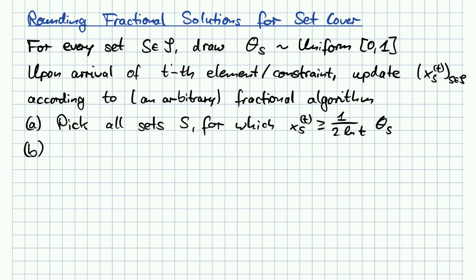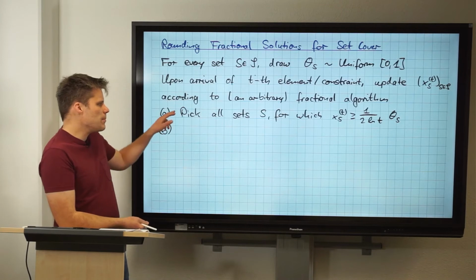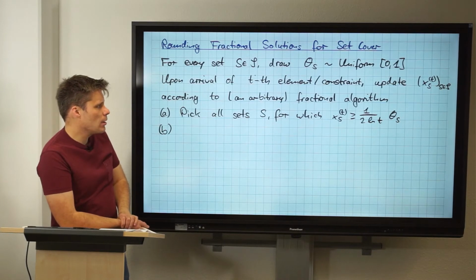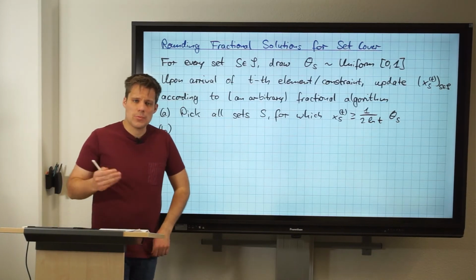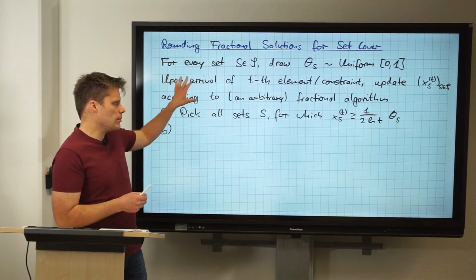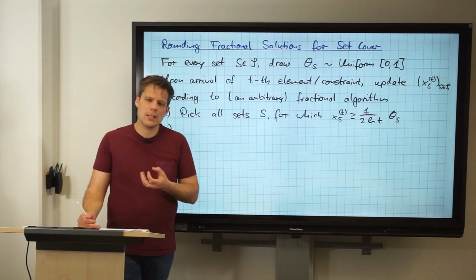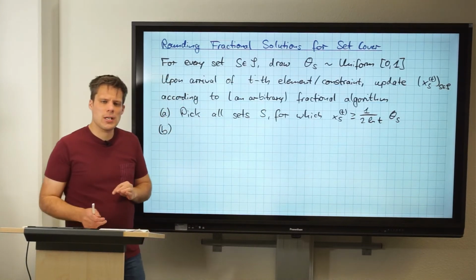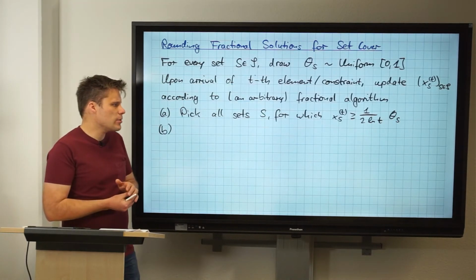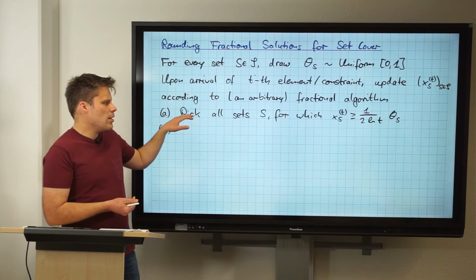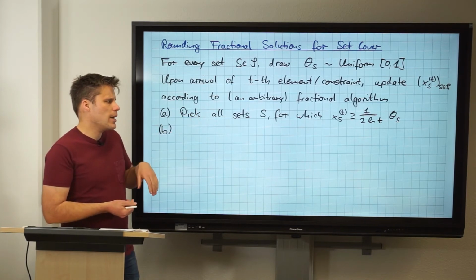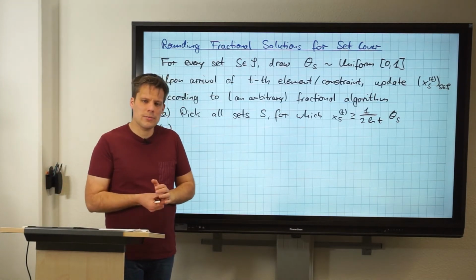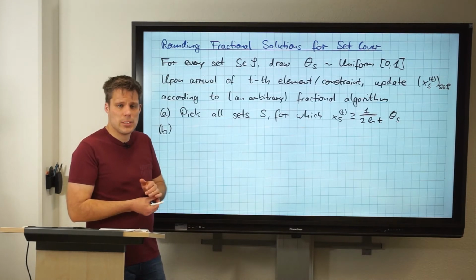And maybe let's first talk about what this first step means. We now have a threshold for every set, not only just one global threshold. Now one element or constraint arrives, we update our solution. We know how to do this. We don't even care how the algorithm does this. This is just some arbitrary algorithm. And then we hope that the following will cover the element if it is not already covered. It might even be that the element is already covered by what we did before.